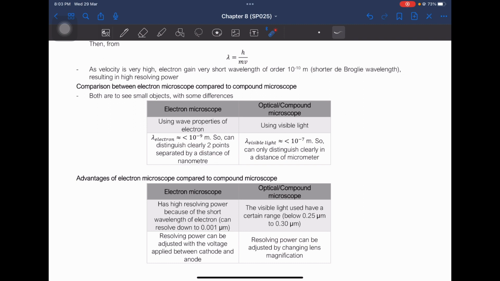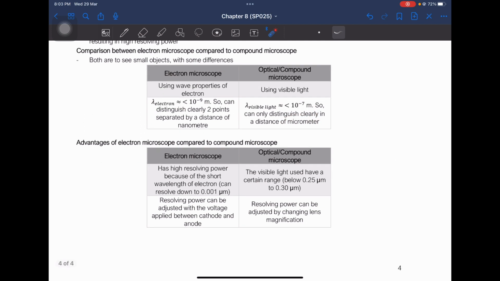And then the wavelength of visible light should be approximately or less than 10 to the power of negative 7 meters, so they can only distinguish clearly at a distance of micrometers.